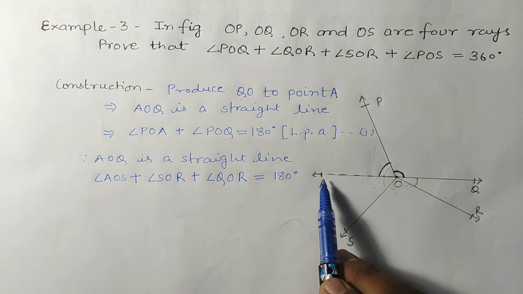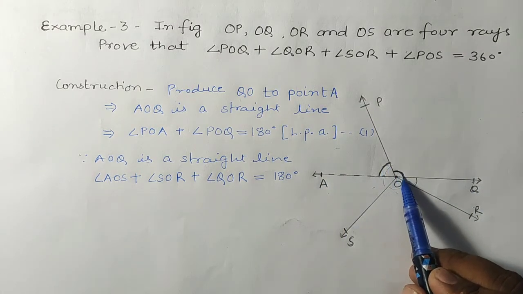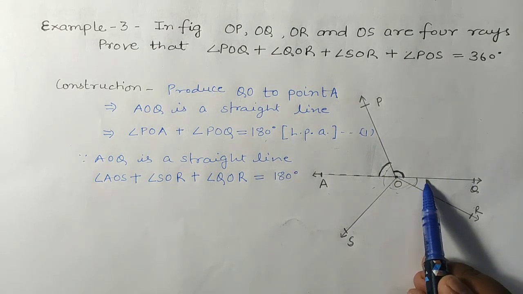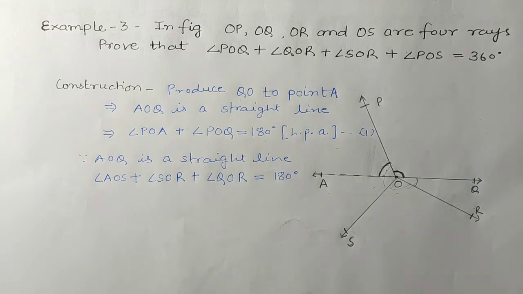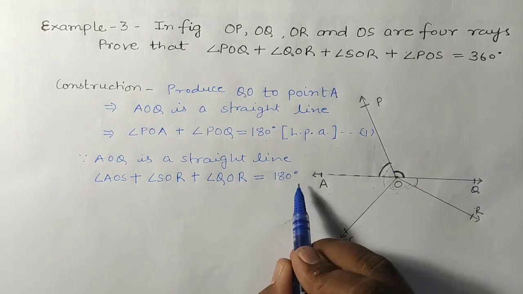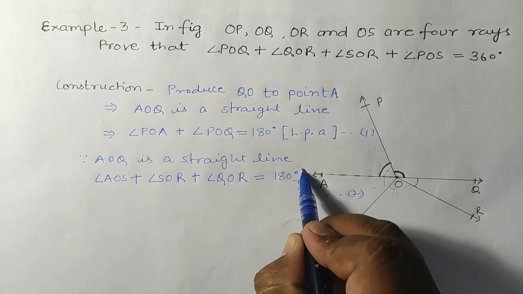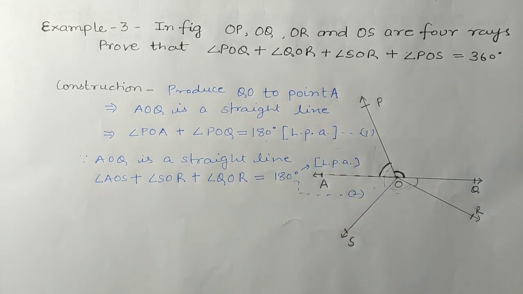Why? Because AOQ is a straight line. At the above, the sum of these two angles is 180 degrees, and at the downside of this line segment the sum of all these angles should also be 180 degrees. Suppose this is equation number 2. And the reason behind it is again the linear pair axiom.